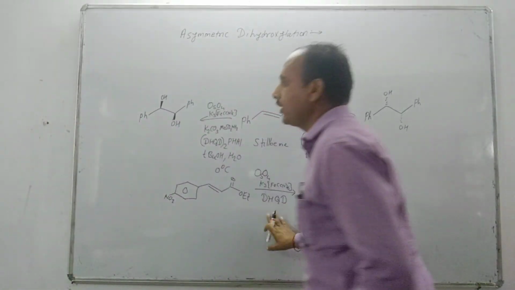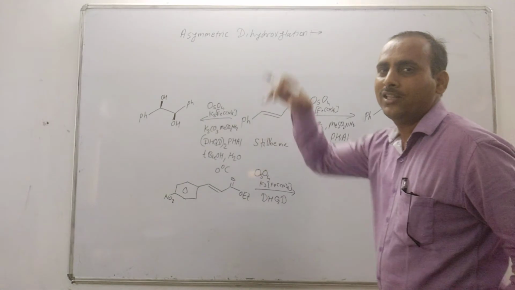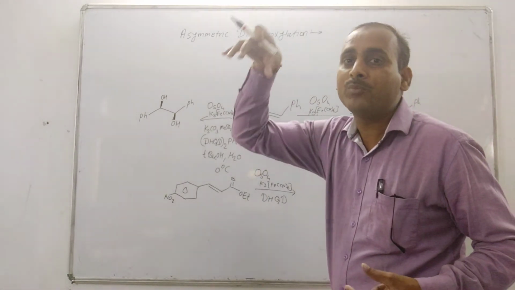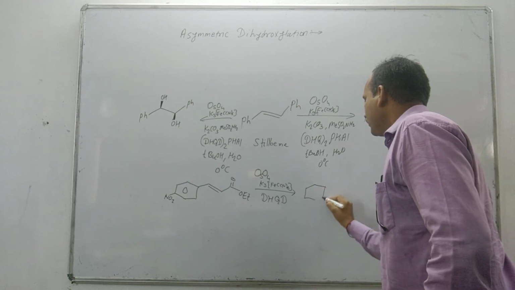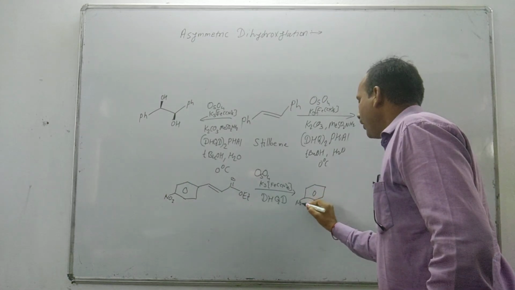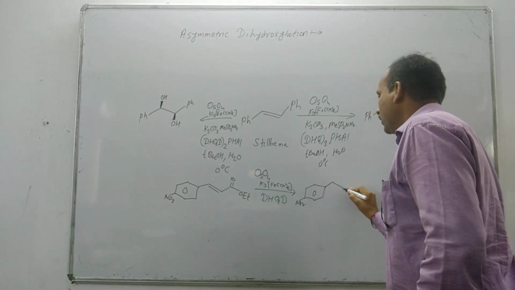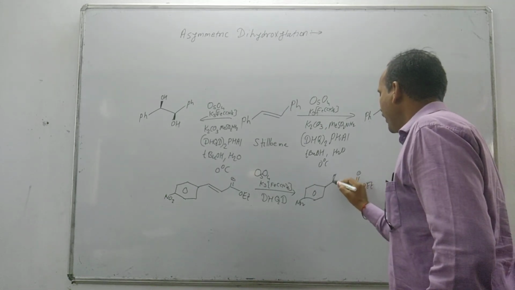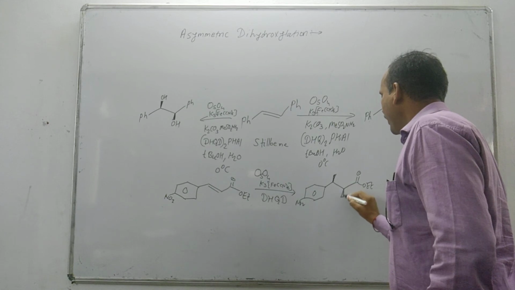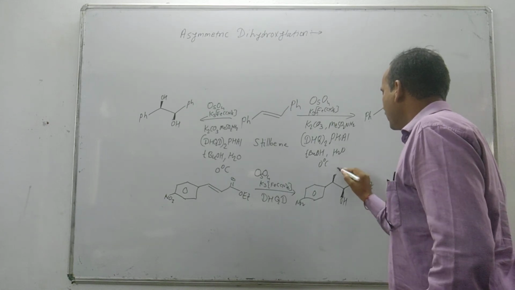Then as DHQD is present, the hydroxyl groups attack from the top face. And O2N, OEt. So this OH and this OH from the top face.